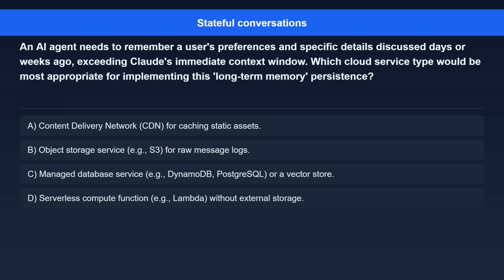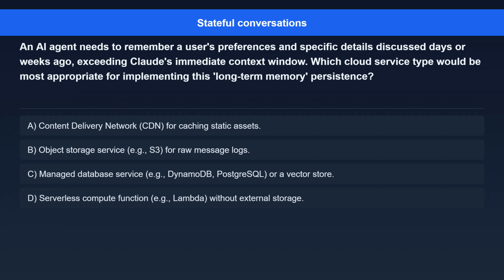Question 6. An AI agent needs to remember a user's preferences and specific details discussed days or weeks ago, exceeding Claude's immediate context window. Which cloud service type would be most appropriate for implementing this long-term memory persistence? Option A. Content Delivery Network, CDN, for caching static assets.